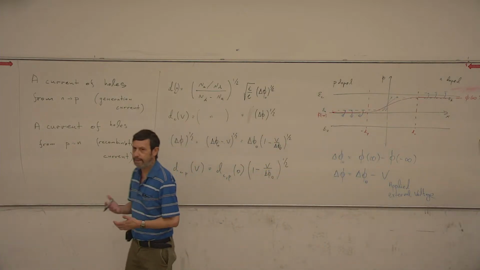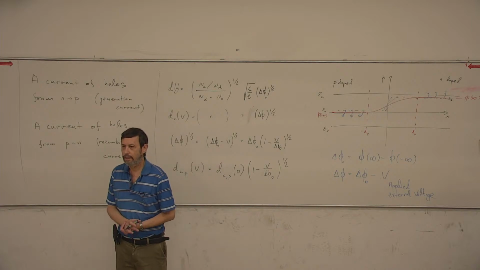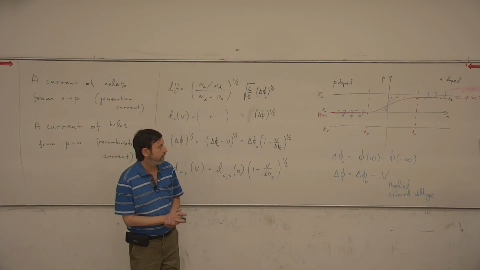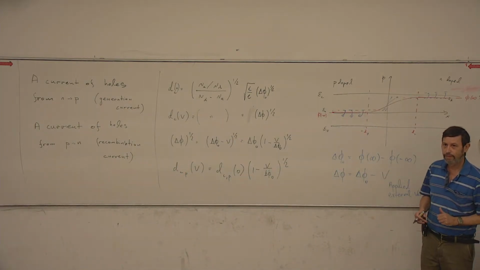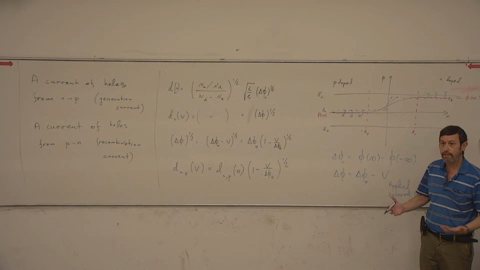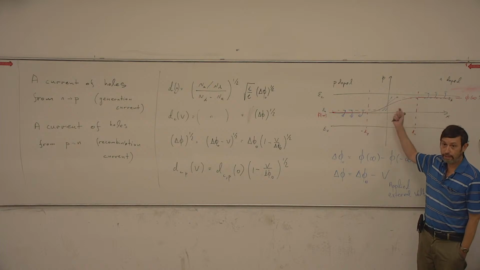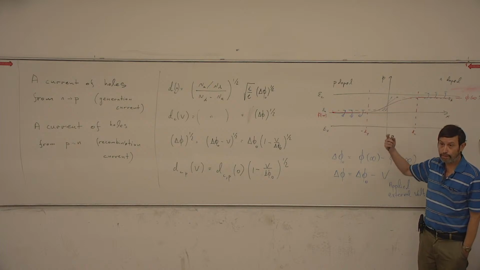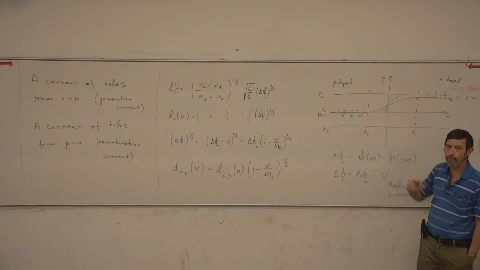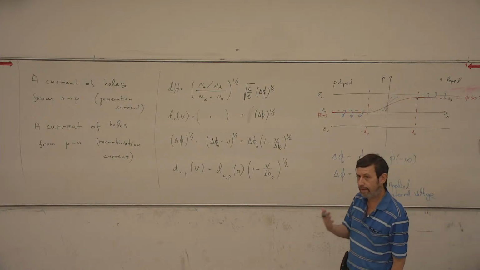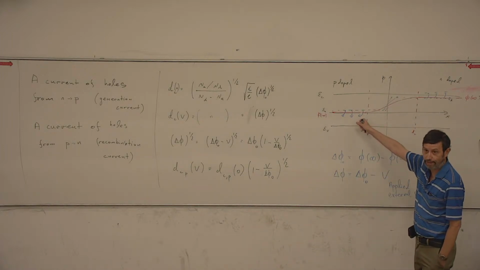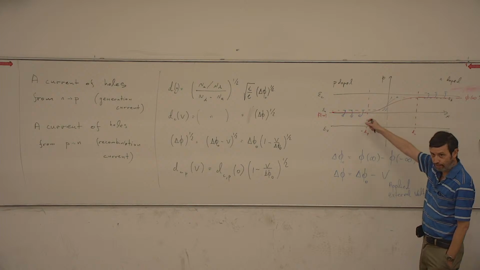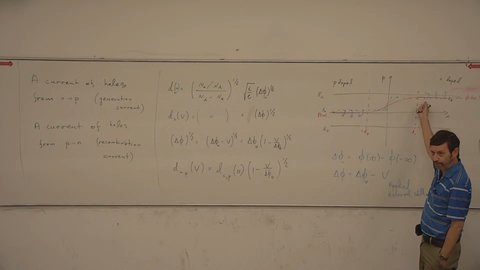Okay, why am I saying this whole long discussion? Because at the end of the day, when I have V equal to 0, I have a steady state situation, and the population doesn't change with time, which means basically that if due to a thermodynamical fluctuation you have a hole here and it moved here, you have to have the same probability of moving from here to here.